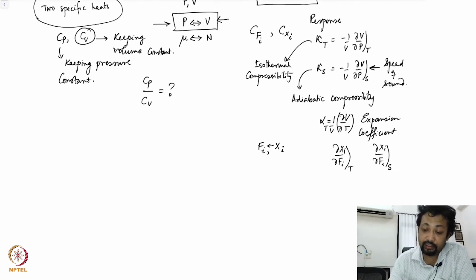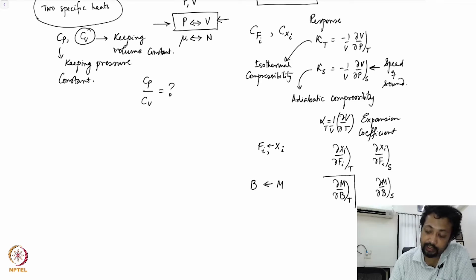If you look at another example, for a magnetic system, you have magnetization as the thermodynamic coordinate and magnetic field as the force, in which case you essentially have del M del B at constant temperature, and del M del B at constant entropy.